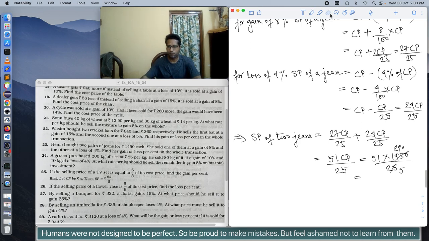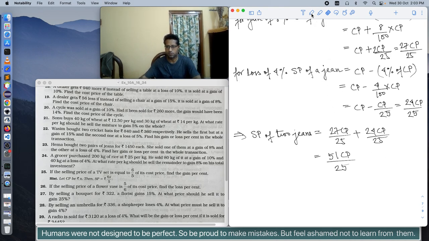And so we have the selling price of the two jeans as 51 CP by 25. Now clearly we can see that 51 CP by 25 is greater than 2 CP. So this implies gain is equal to selling price minus cost price of the two jeans.